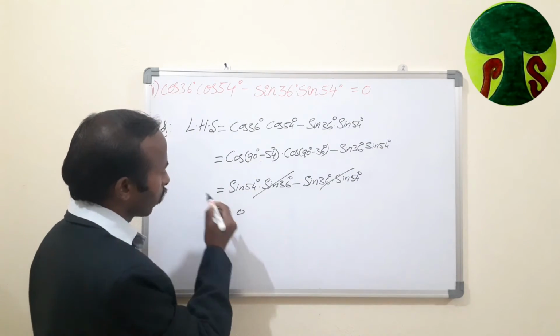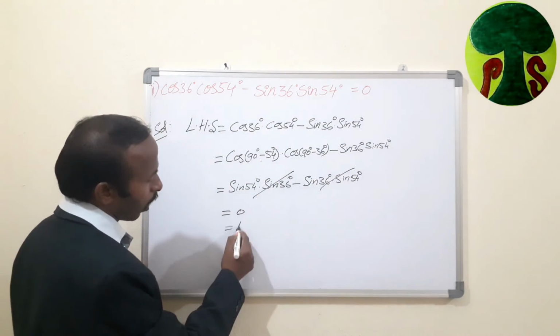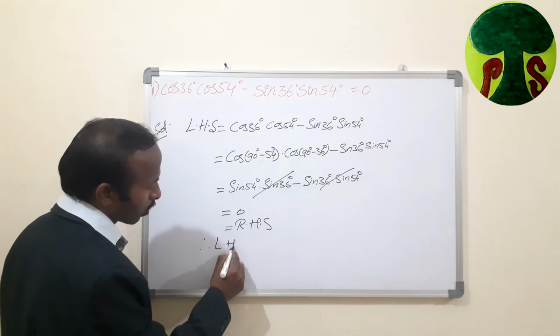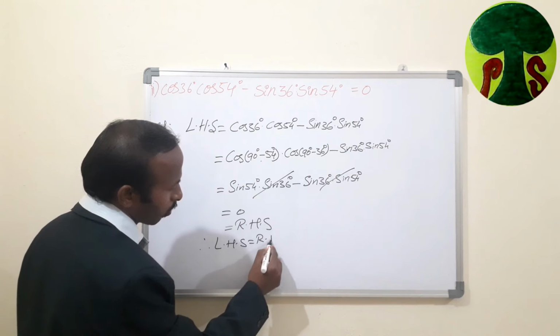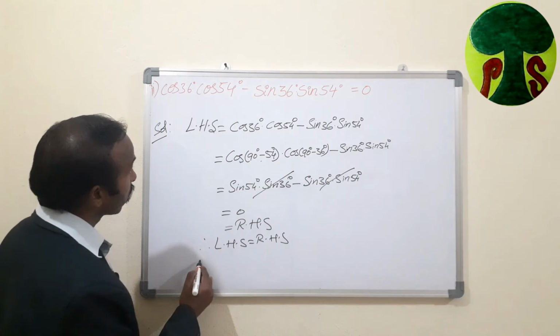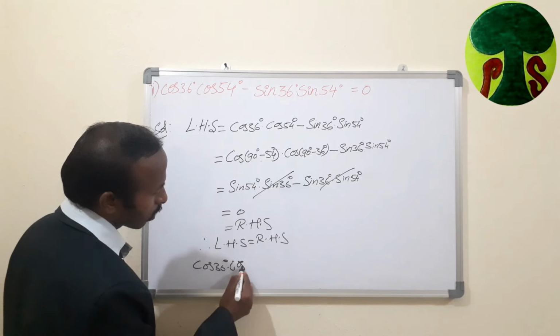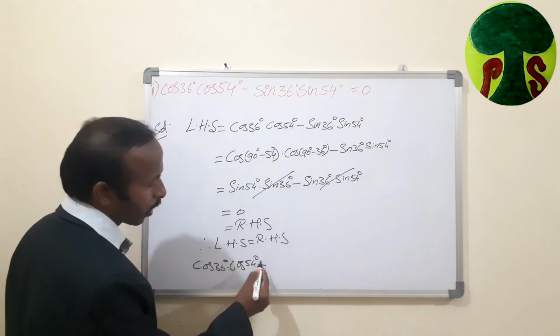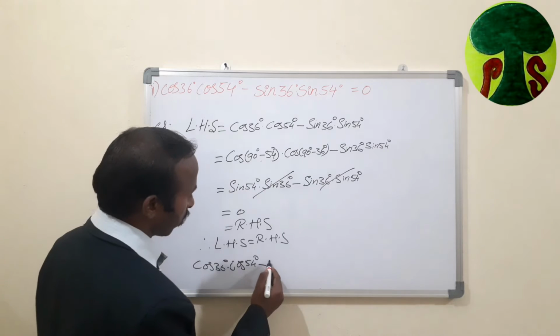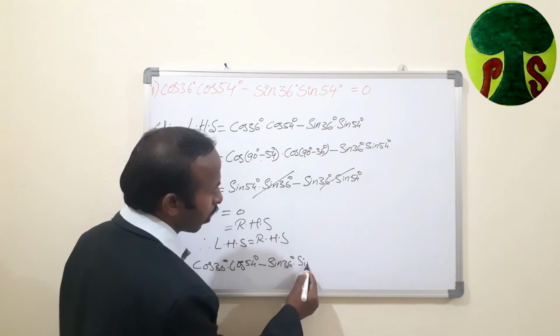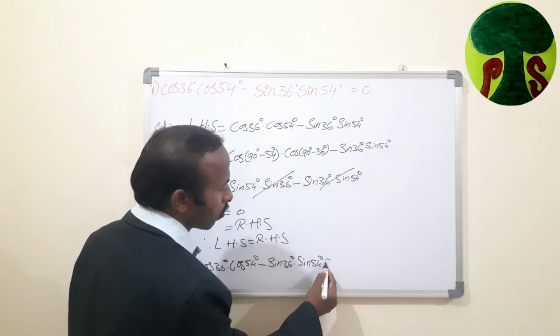So equals 0, equal to RHS. Therefore LHS equals RHS.